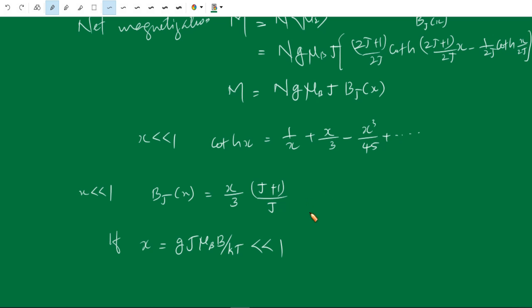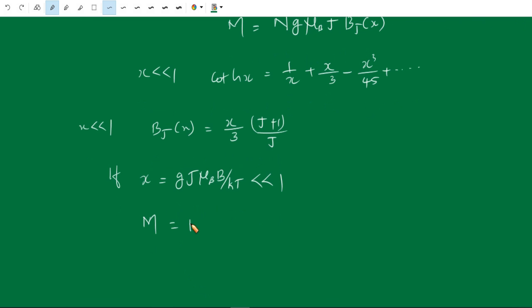Okay, therefore the magnetization M is equal to N g mu B j Bj of x. Bj of x is g j mu B B divided by kT, divided by 3, into (j plus 1) divided by j.